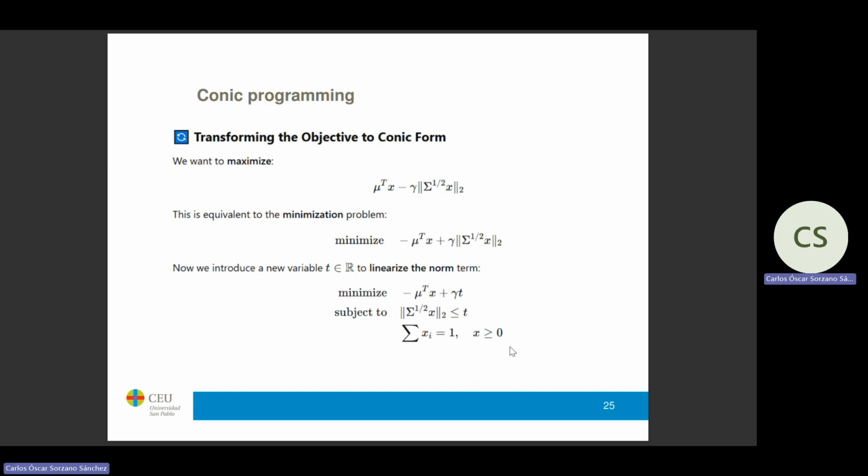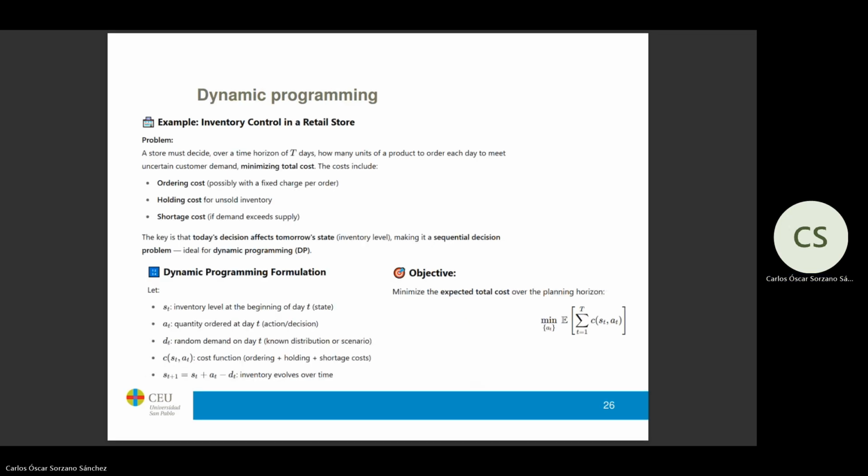And then what I will say is that this thing has to be smaller than or equal to t, and then I have transformed my quadratic problem into a linear problem. That is a trick. Any question up to here? No?